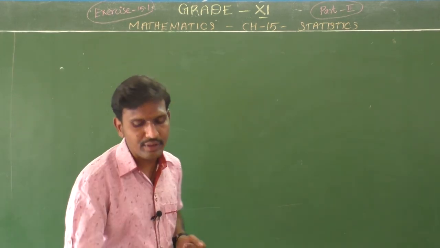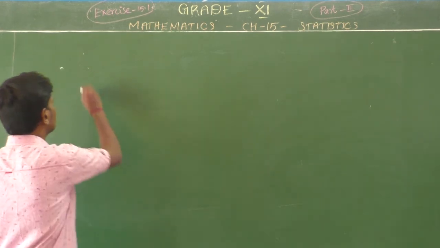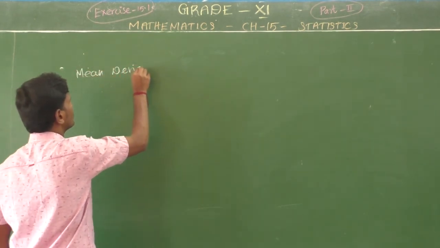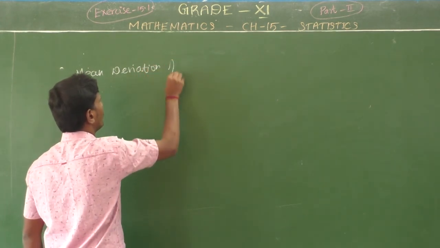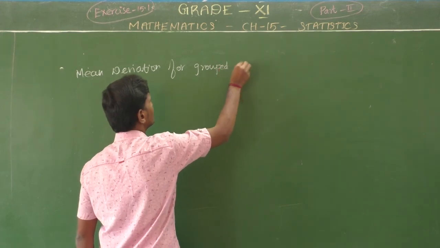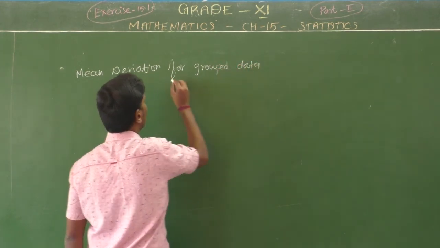Now coming to the mean deviation for grouped data. In grouped data also we have two types.